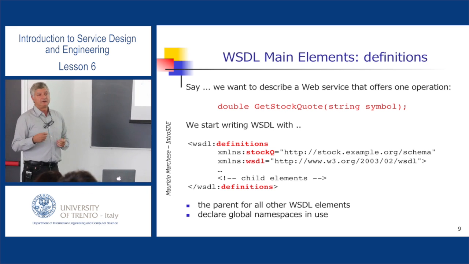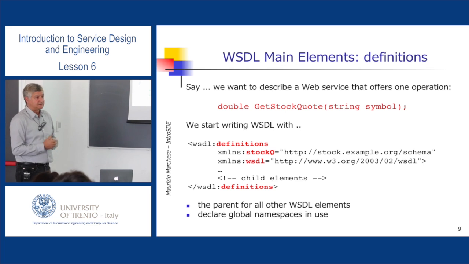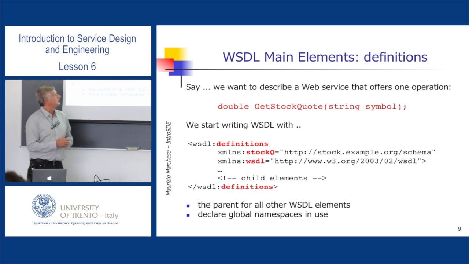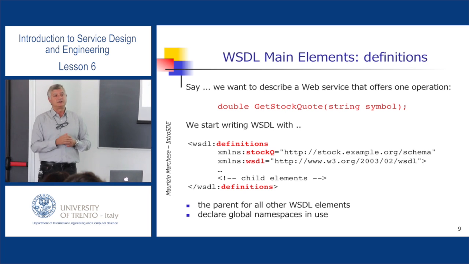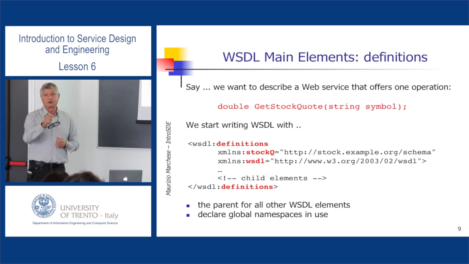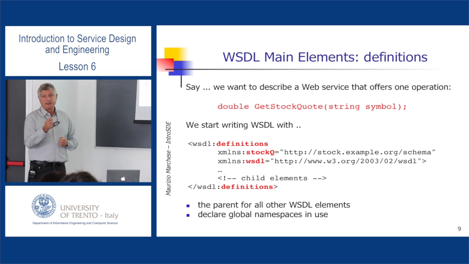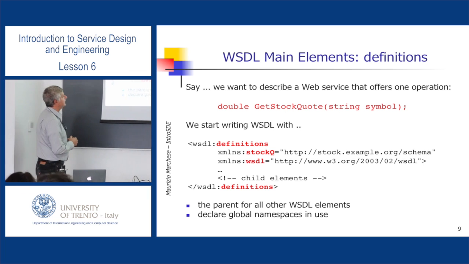We want to describe a service that implements this kind of operation. I send to the service a symbol through this particular operation, and the service returns me the current value of the stock quote, in this case, as a double, so as a number.